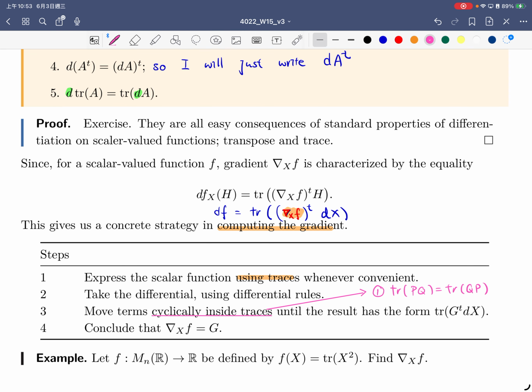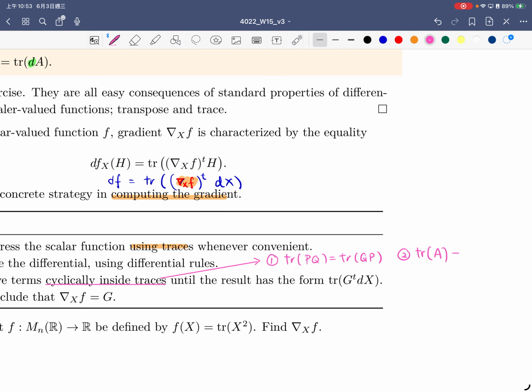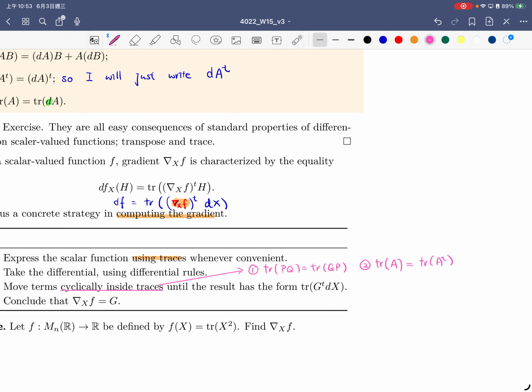And then the second property of trace that we're going to use quite often is that for a square matrix A, the trace is equal to the trace of its transpose. Because trace only captures the diagonal entries, okay? And when you do the transpose, it does not affect the diagonal entries of a square matrix.